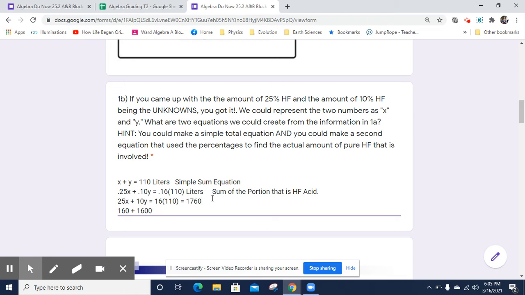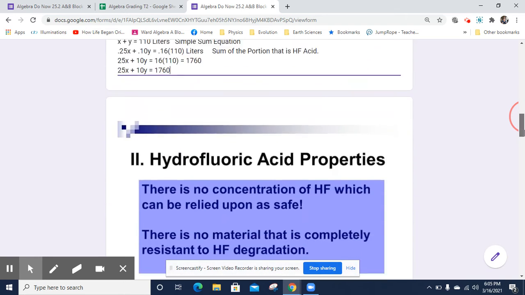That'll be a little easier to work with. So our final equations are x plus y equals 110, and 25x plus 10y equals 1,760. All right, so now let's move on to the next section.